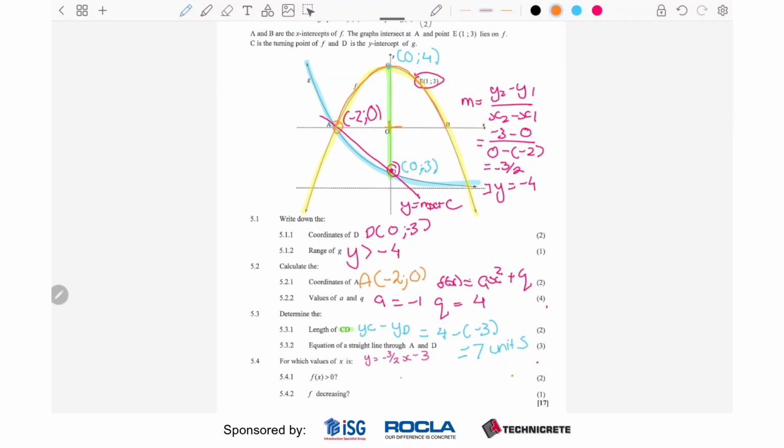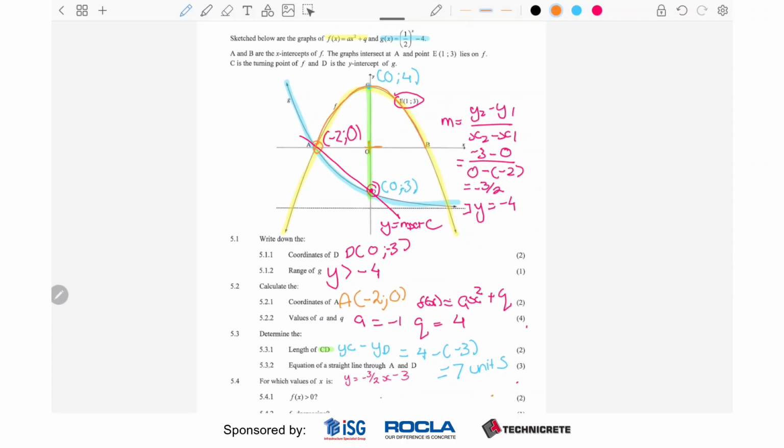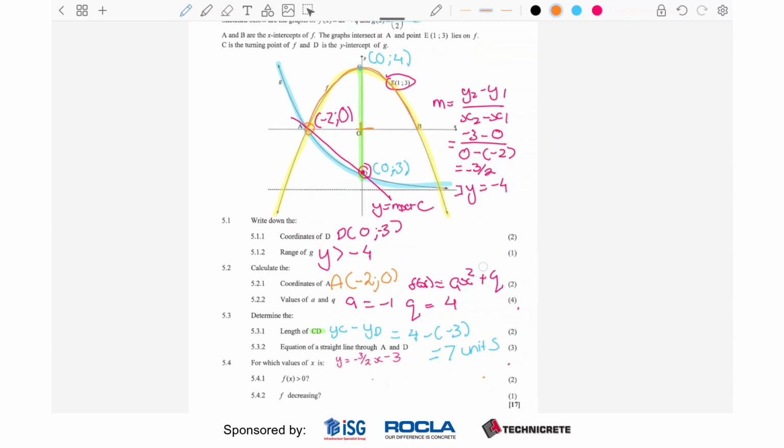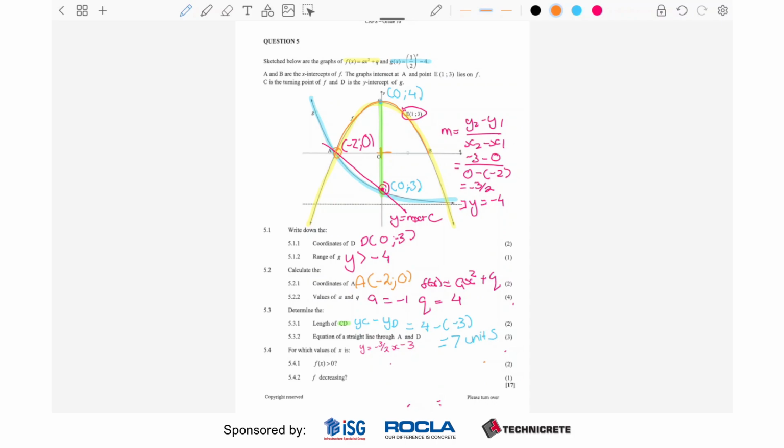So you can see it's in between lines A and B. Since we know A is negative 2.0, B will also be positive 2.0.